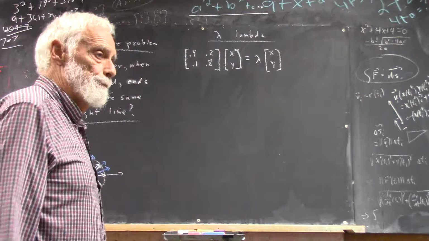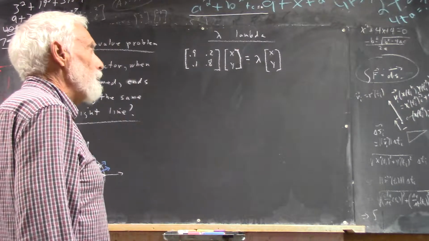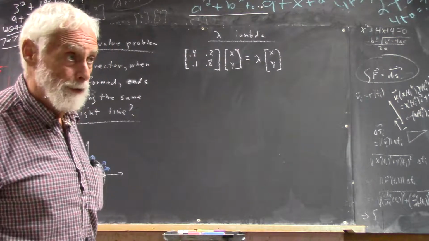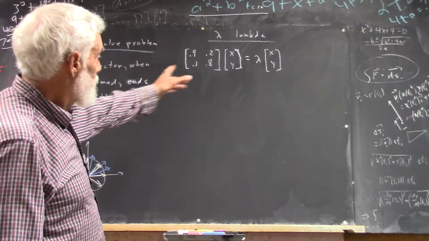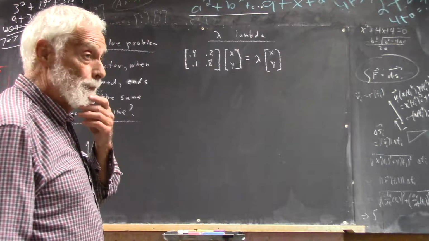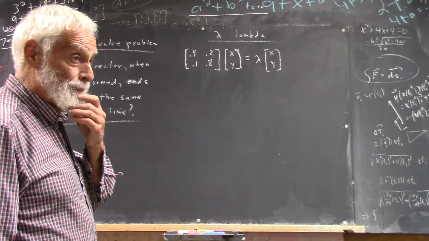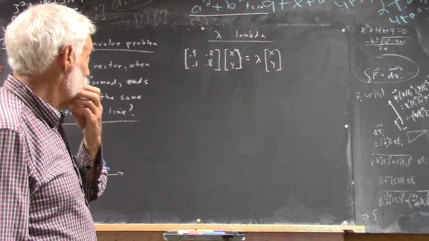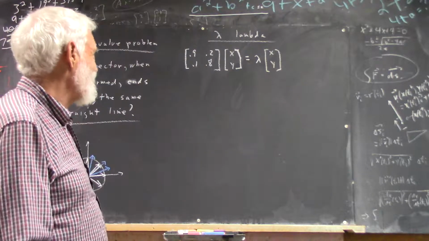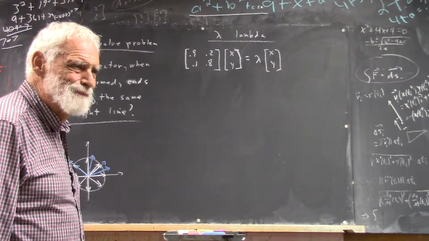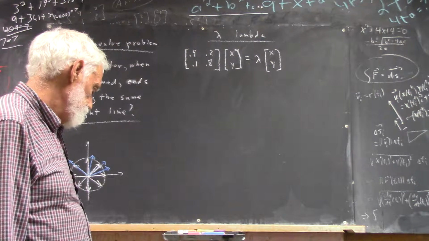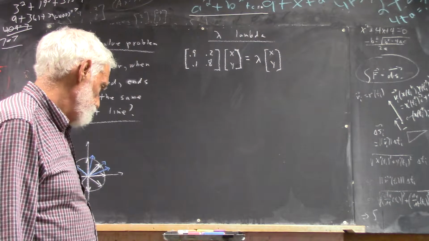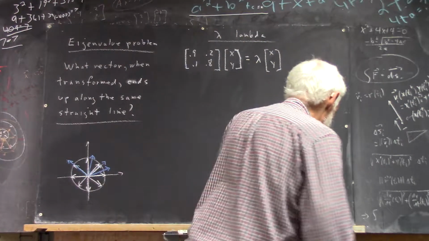Okay? Now there's something I can do with matrix algebra, but we haven't done a lot of matrix algebra, so I'll probably do it too. But we see that this represents a system of equations. And actually, I kind of want to do the matrix algebra. So I'm going to change my notation a little bit.